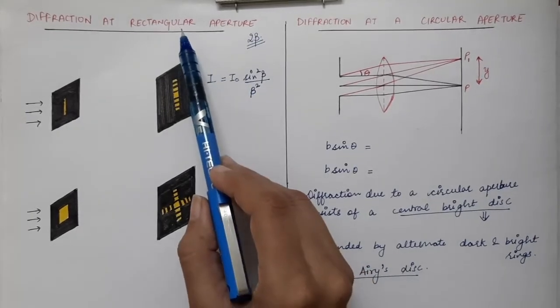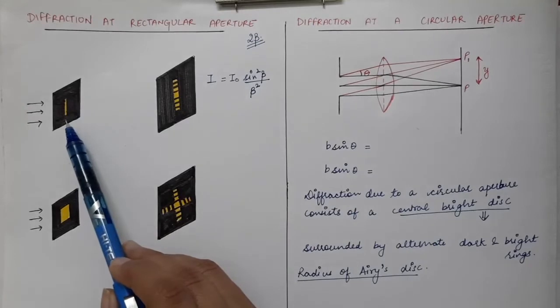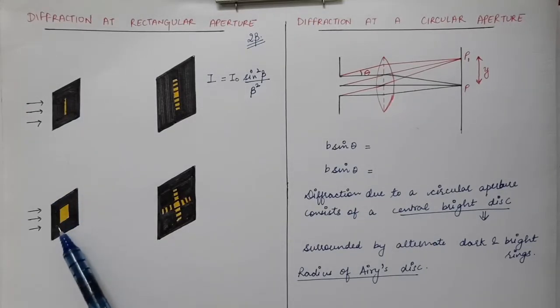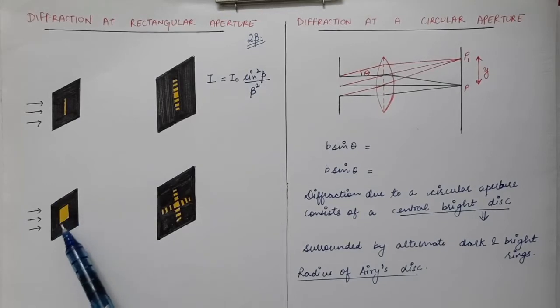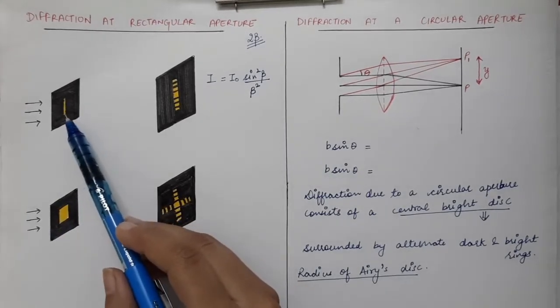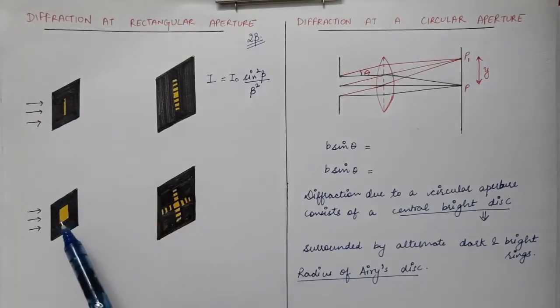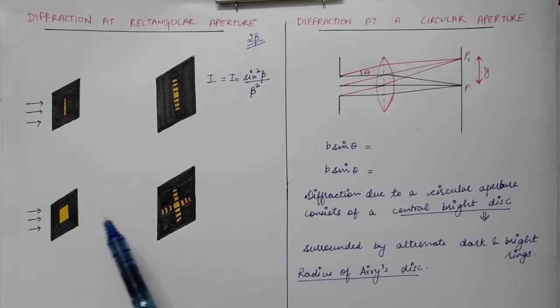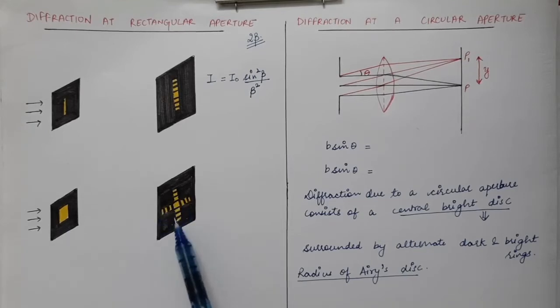Now what if we have a rectangular aperture instead of a single slit? In the second diagram I have drawn a rectangular aperture. This slit has a certain width as well as a certain length in this direction. In the top diagram the slit had only width but no length, but in this case the slit has width and also a certain length. The diffraction pattern in this case will come out in this form, where we get a central maximum and dark and bright fringes on either side of it.